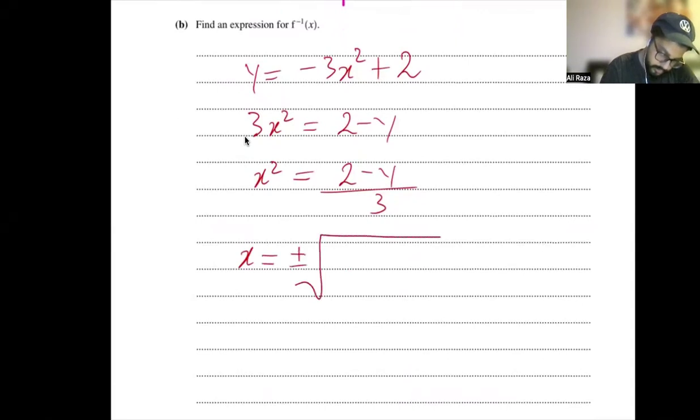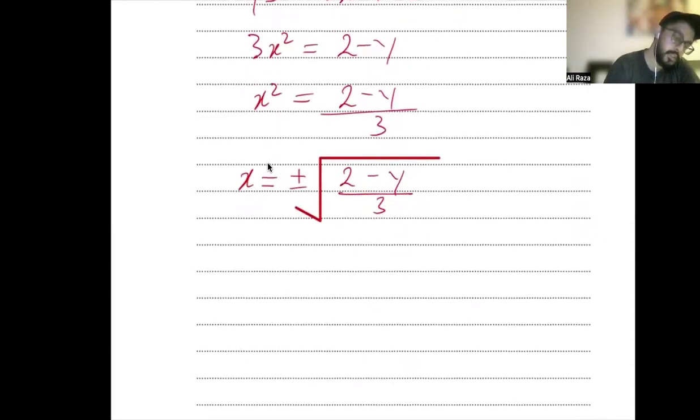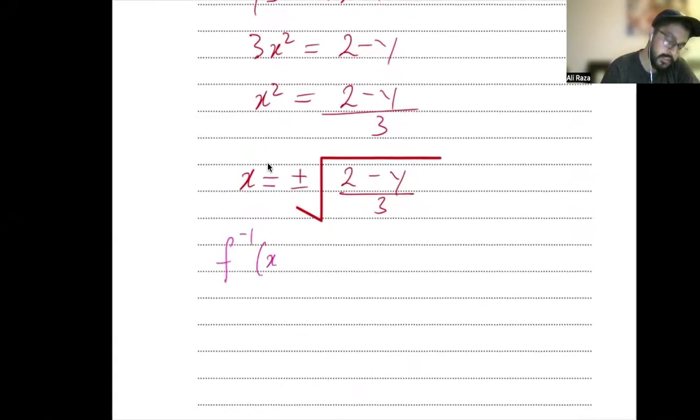We apply the square root on both sides to remove the square from x. Now we'll change the symbols. This becomes f inverse of x.